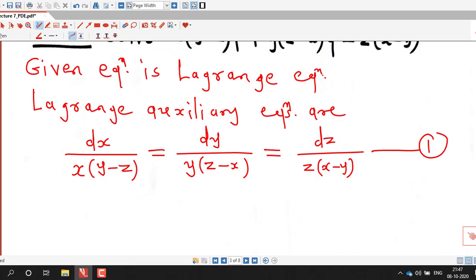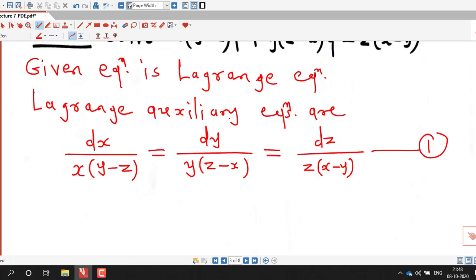Similarly, if you observe the second and third fractions, then we have differentials dy and dz, but x must be absent, but x is present here. Similarly for dx and dz, if we wish to compare the first and third fractions, then because the differentials are dx and dz, y must be absent. So it is not possible to find one solution or two solutions by directly comparing the fractions.